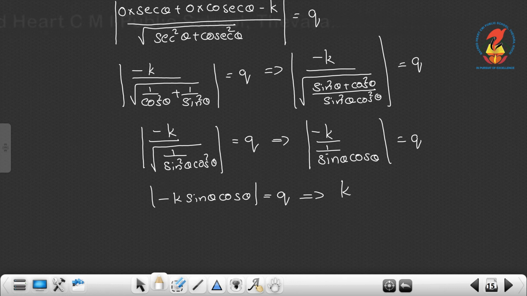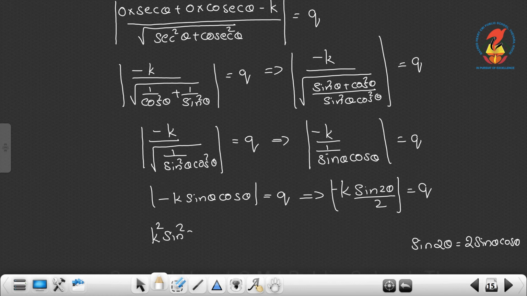What is sin 2 theta? 2 sin theta cos theta. So what is sin theta cos theta? Sin 2 theta by 2, that is equal to q. Then squaring both sides, k square sin square 2 theta by 4 is q square, or k square sin square 2 theta is equal to 4q square.